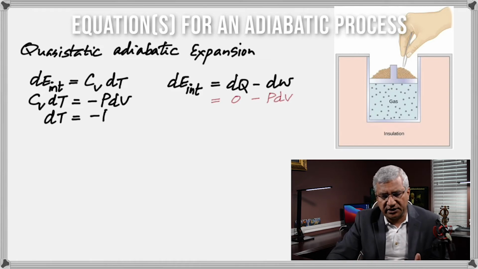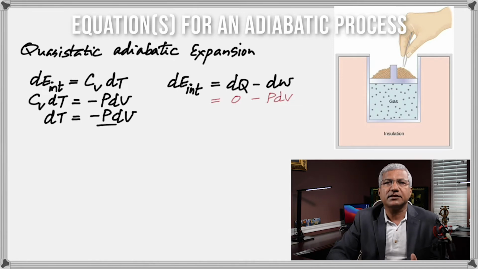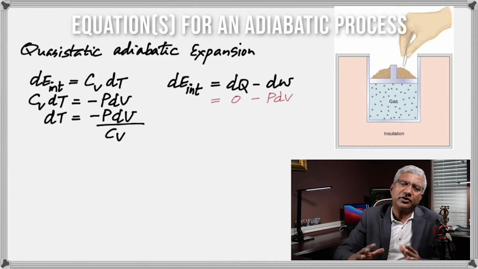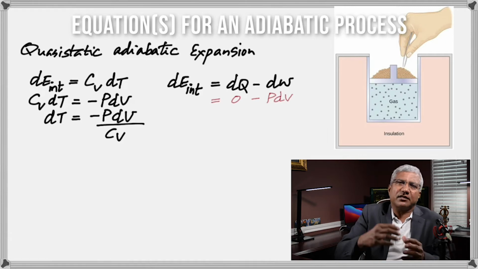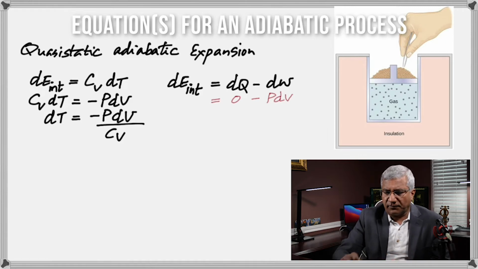Rearranging, we get dT is minus P dV by CV. So that is one equation that we get. What we're trying to do here is get equations that represent an adiabatic process. We'll actually get 3 equations, and that will show or signal the adiabatic change.